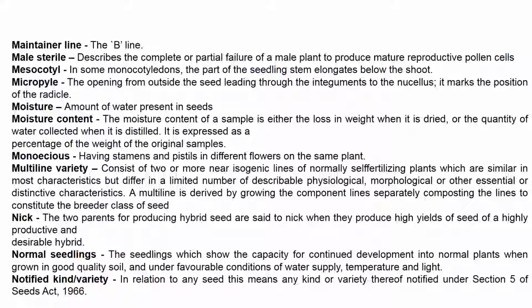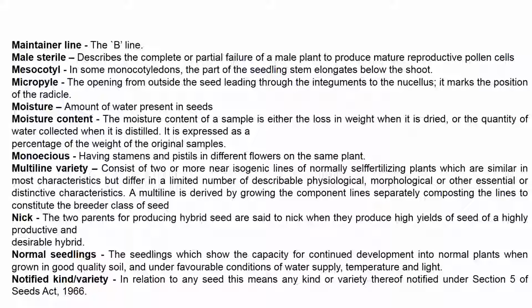Multiline is derived by growing the component lines separately, compositing the lines constituting the breeder class of seed. Nick. The two parents for producing hybrid seed are said to nick when they produce a high yield of seeds of highly productive and desired hybrids.